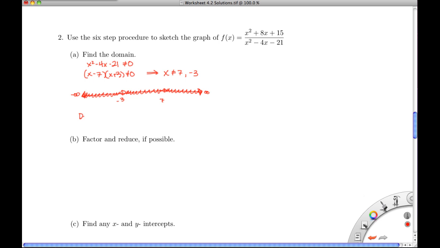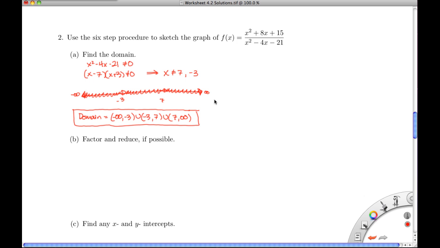So our domain in interval notation would be the interval from negative infinity to negative 3, union with the interval from negative 3 to positive 7, union with the interval from 7 to positive infinity. So that would be the domain for this. So all real numbers except for those two, really.